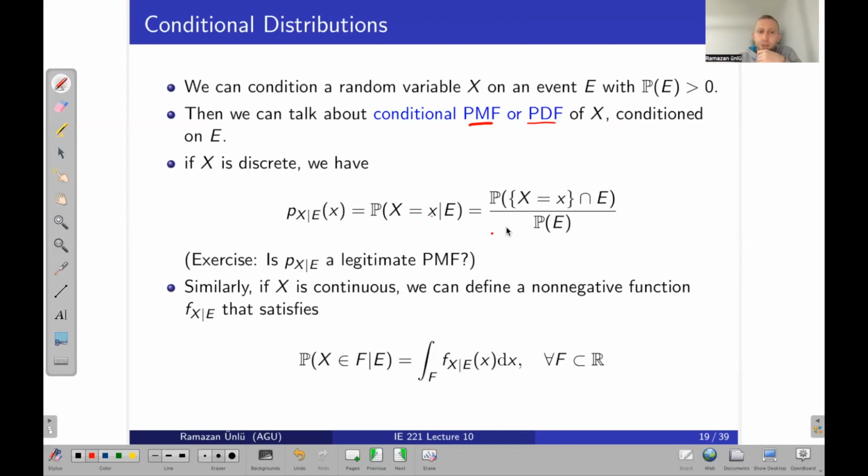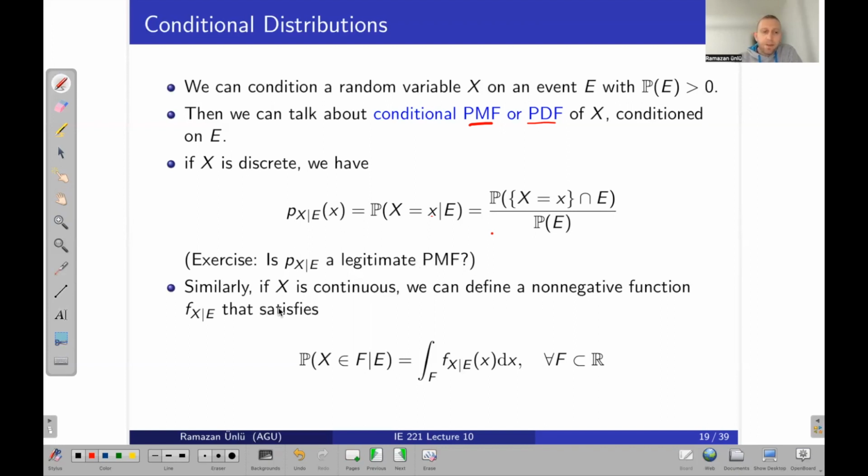So the same logic applies here: this probability can be calculated as the probability of X intersect E divided by the probability of E. Also, you can check that this is a legitimate PMF simply by checking the probability axioms.